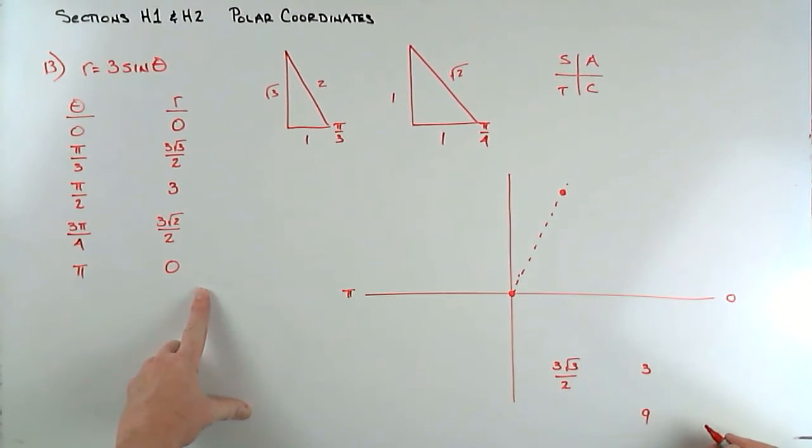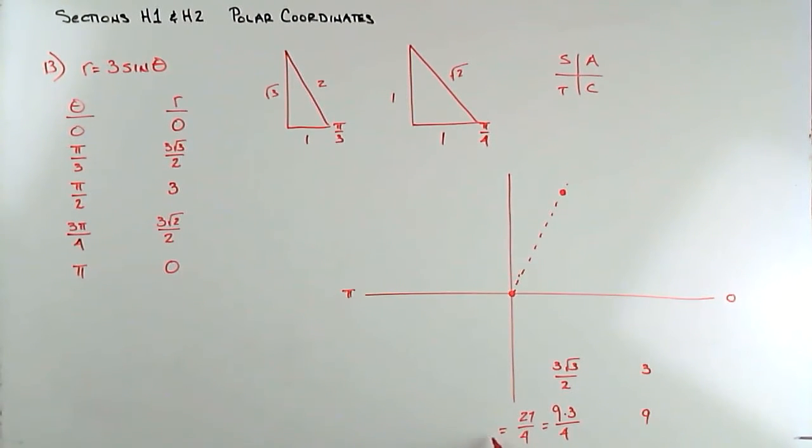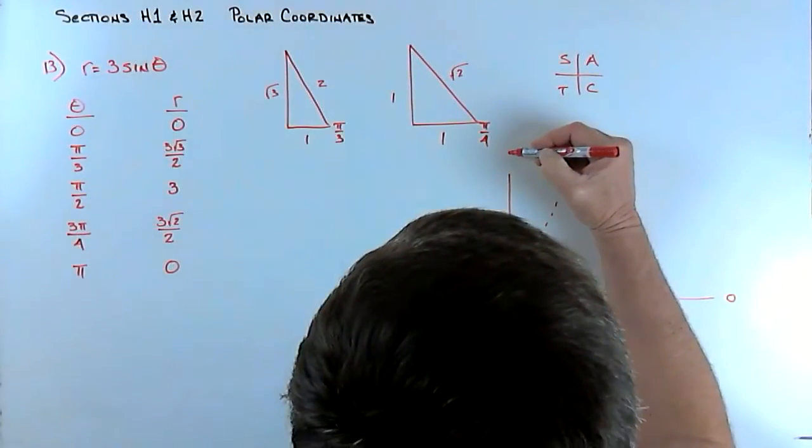When you square 3, you get 9. When you square 3 root 3 over 2, you get 9 times 3, that's 27 over 4. And 27 over 4 is 6 3/4, because 6 times 4 is 24. So this number, 3, is bigger than this. So we're up here.